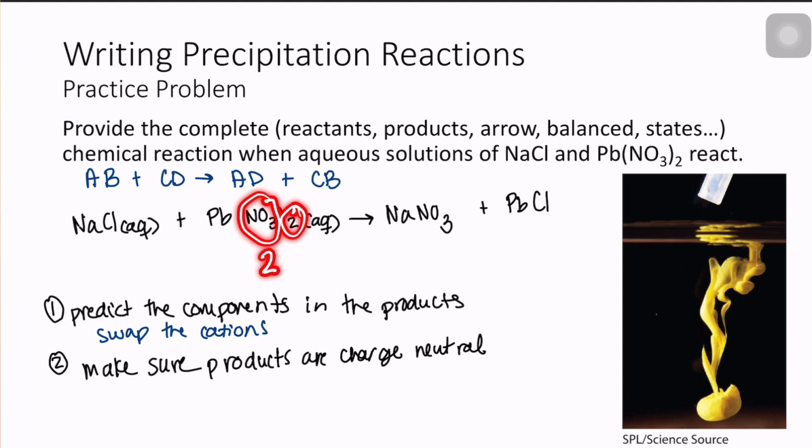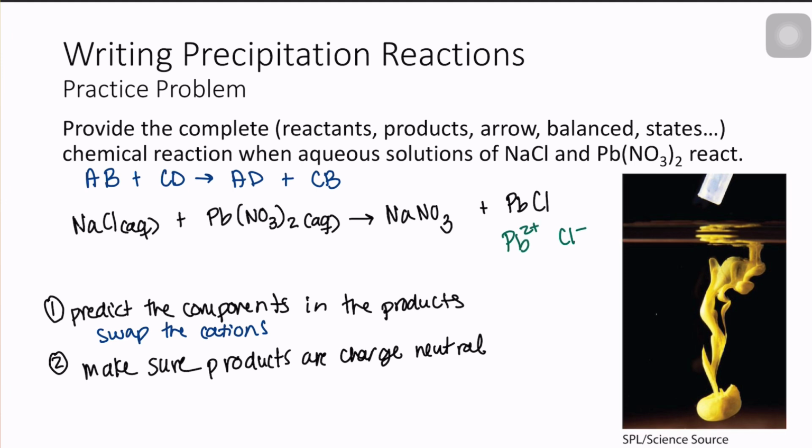So I have a total of 2 negative things. Lead, I only have 1 of them. So in order to make this charge neutral, it has to have a 2+ charge. Since lead has that 2+ charge, it can't change when I go over to my product side. So this lead is still going to have a 2+ charge.